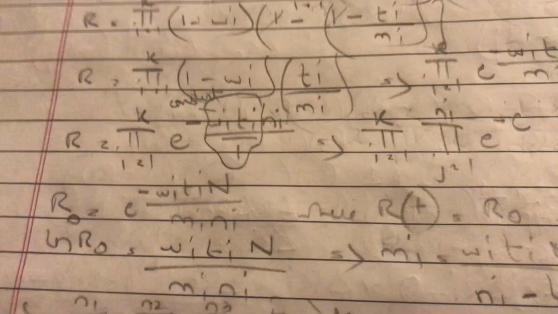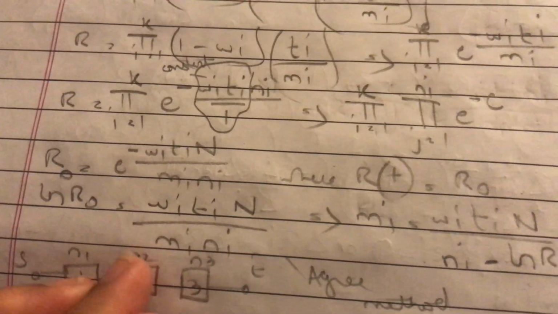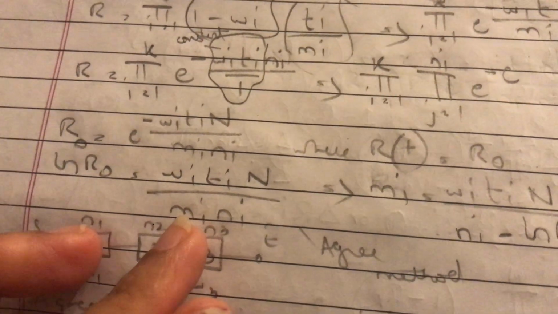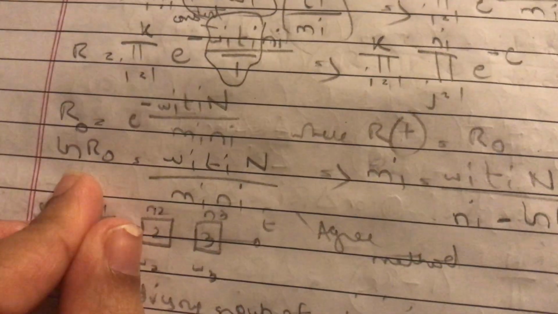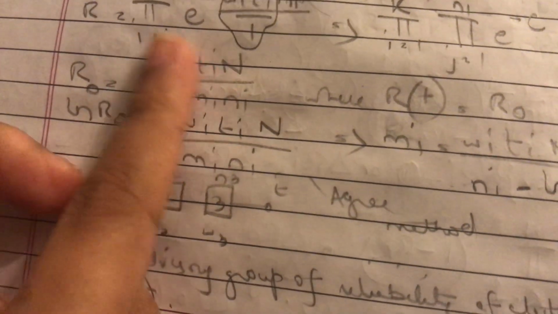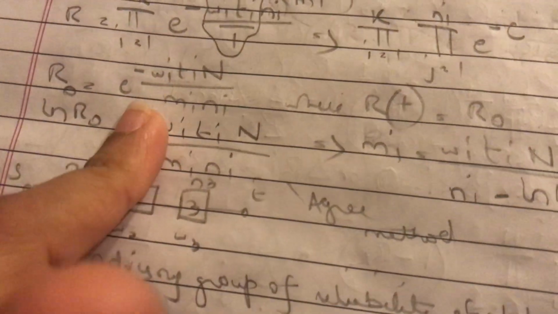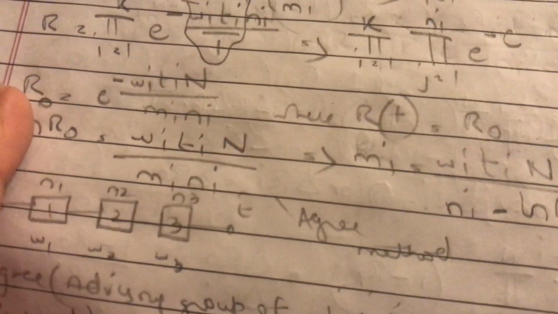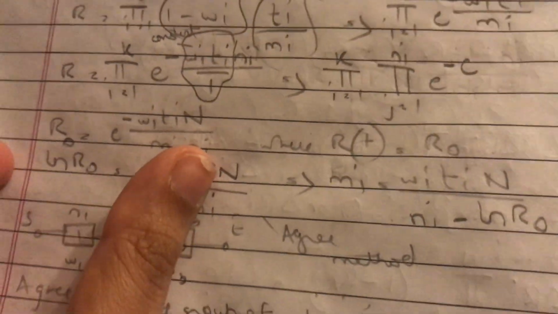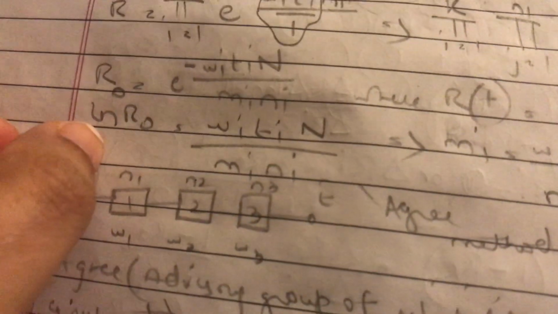And what's next? We have to find mi, that is the mean life of the i subsystem, the i element. We can write this expression in another way. We take the logarithm on both sides.